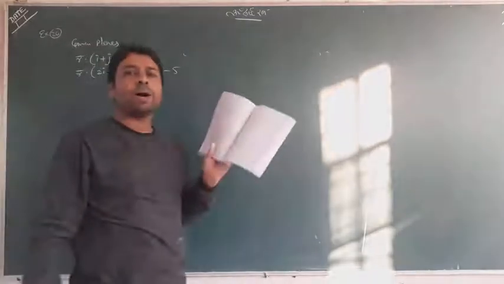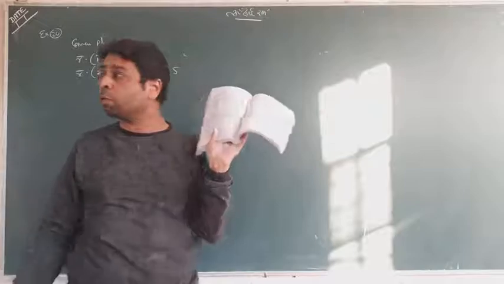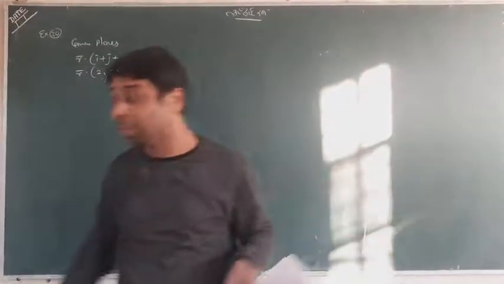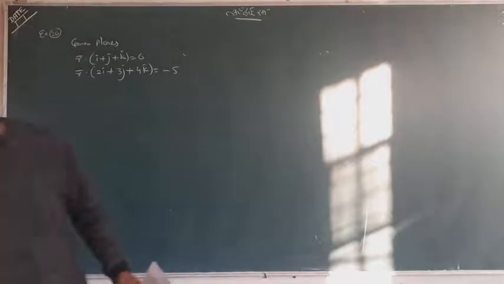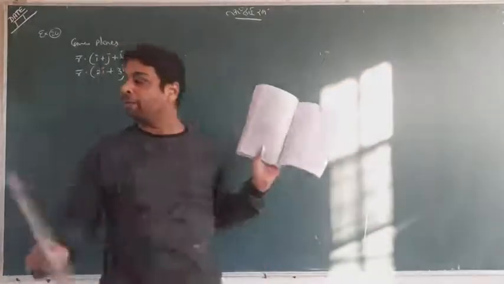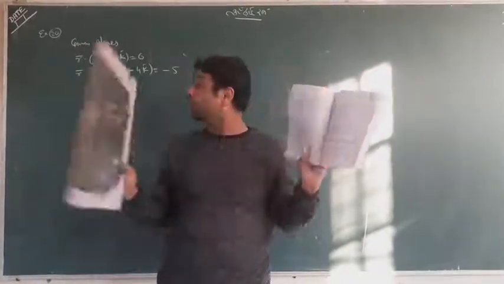The question says find the equation of a plane passing through the intersection of these two planes which also passes through (1, 1, 1). What does it mean? It means suppose this is the first plane and this is the second plane.